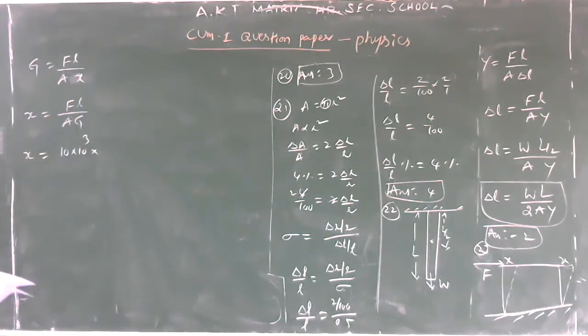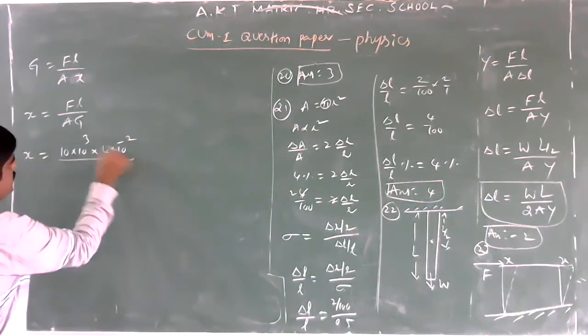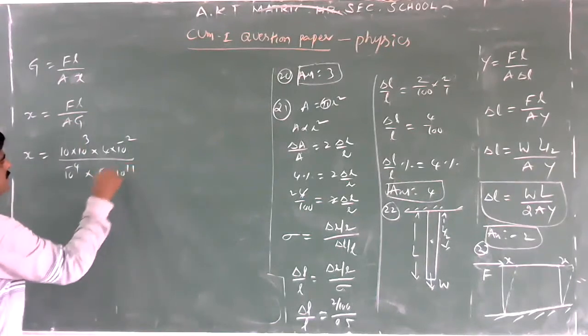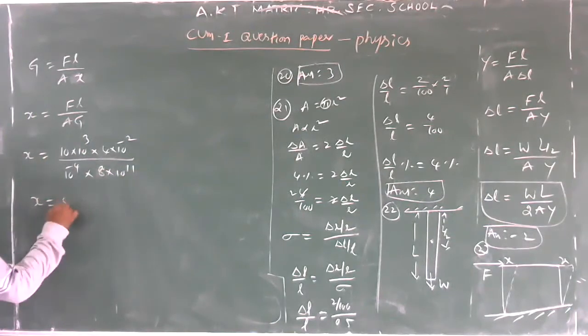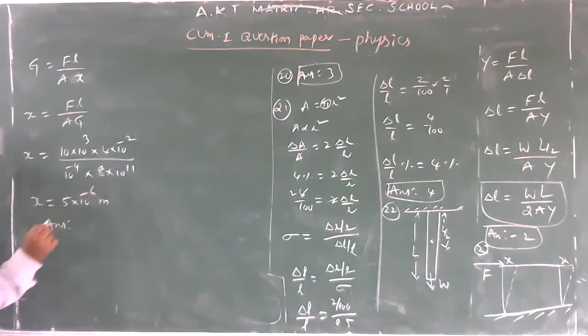Thickness is 4 centimeter, which means 4 into 10 to the power of minus 2 meter, divided by area of cross section, which is 1 centimeter square, meaning 10 to the power of minus 4 meter square, into the rigidity modulus, which is given as 8 into 10 to the power of 11. On simplifying this, you will get the lateral displacement x equal to 5 into 10 to the power of minus 6 meter. So which option is correct? The second option is correct.